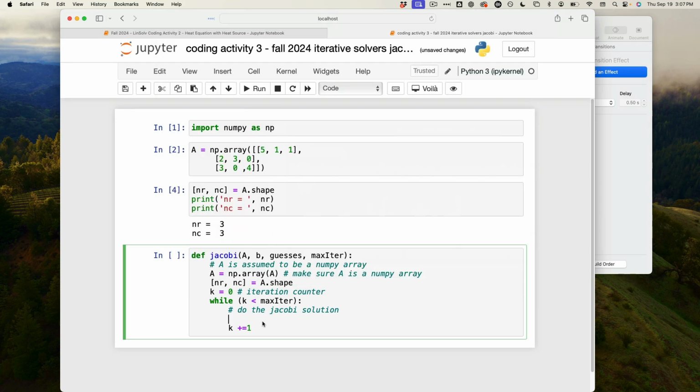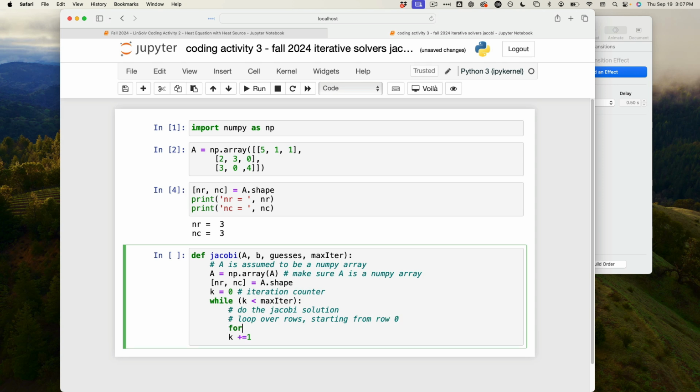So I need to loop over the rows, starting from 0. So for row in 0 to number of rows. Does that make sense?